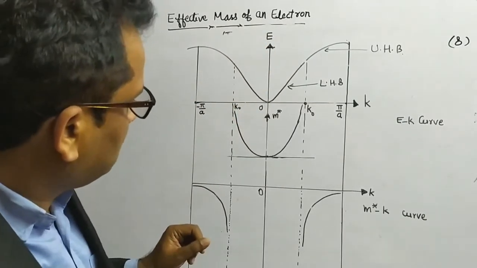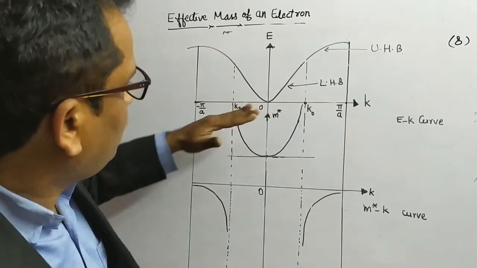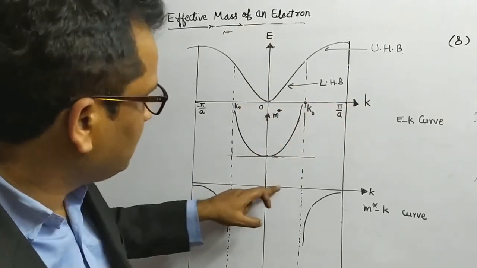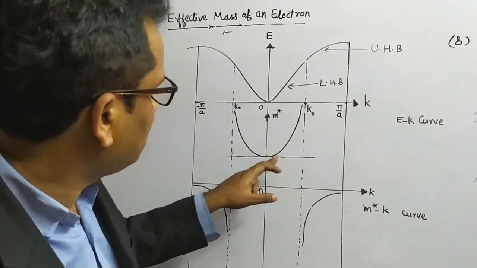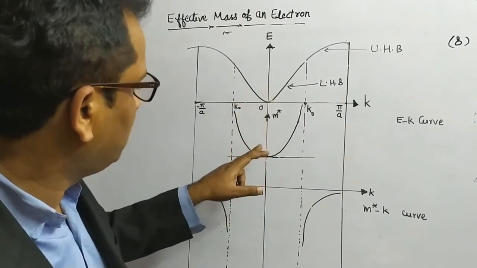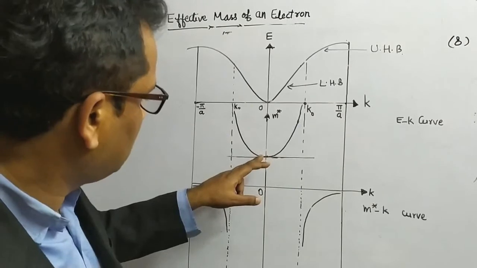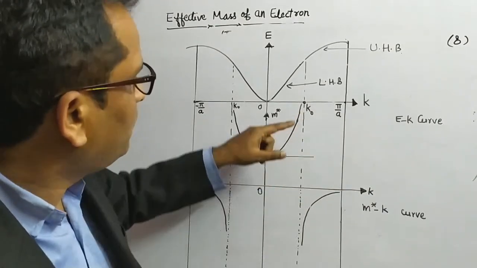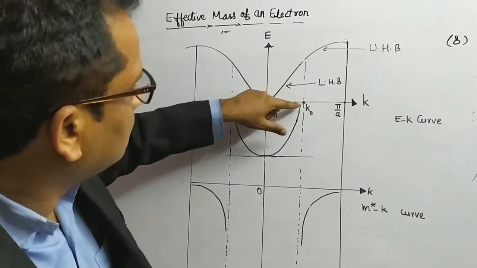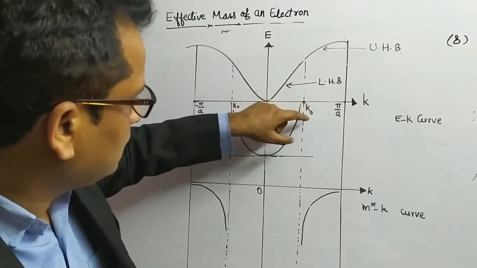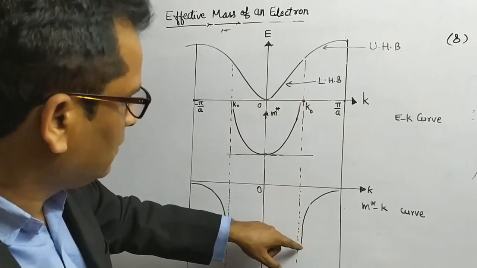As you clearly see, with increase in wave number k, effective mass is increasing. Along the y-axis I have plotted effective mass m star. So with increase in k, effective mass is increasing, becomes maximum at the point of inflection, and then it starts to decrease and becomes negative here.